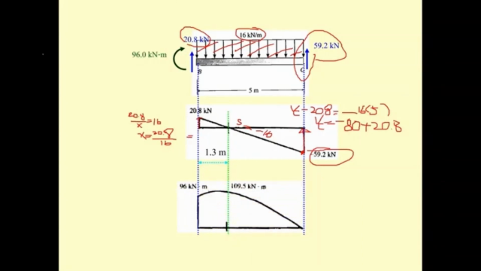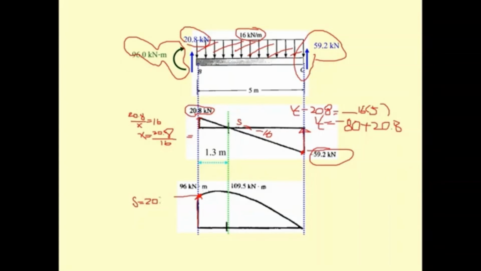How about the moment diagram? And then you come to this moment. The moment that's rotated clockwise is positive. So this is going to be up for 96 kilonewton meter. And then this is going to be the slope, dM by dx equal to V. So the slope at this point, you may mark this one as S equal to 20.8.